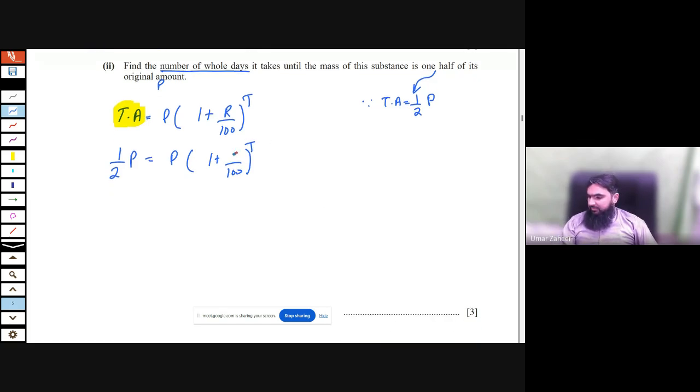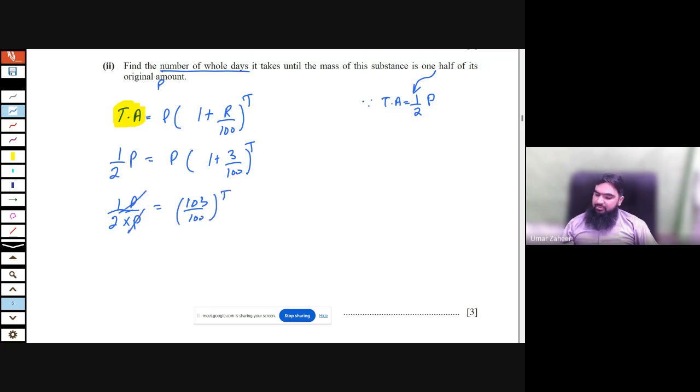The r we have is 3%. Now 1/2 P divided by P is equal to 1 plus 3/100, that will be equal to (103 divided by 100) whole power t.